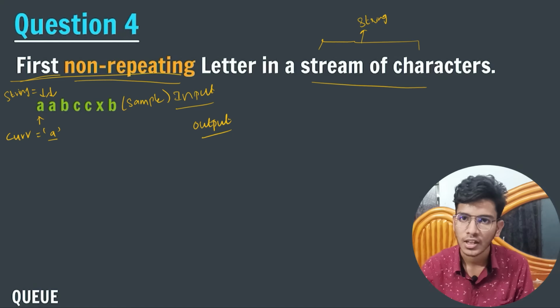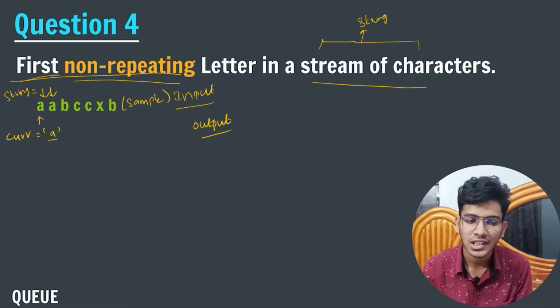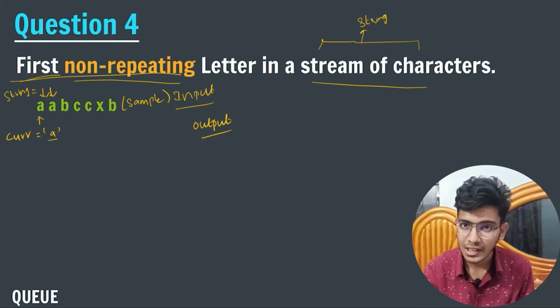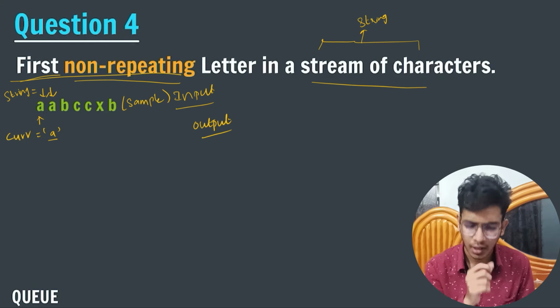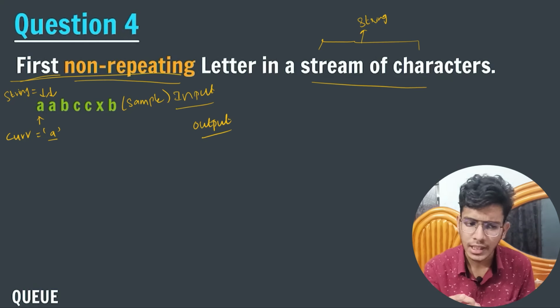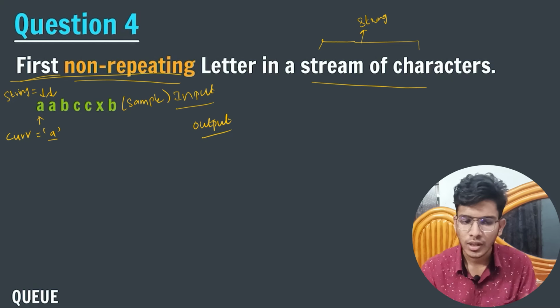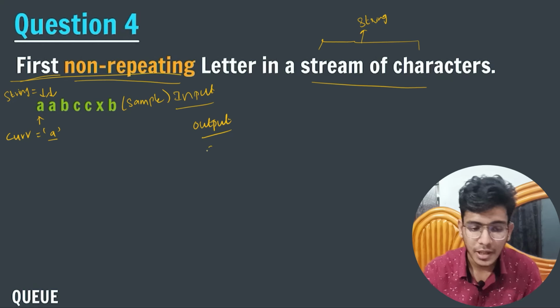There is no repetition. So what is the meaning of unique here is that it shouldn't repeat. So on the first iteration, I have added the first character into my current string. Now what is the unique character here, which is A? So in the output screen I will print A.